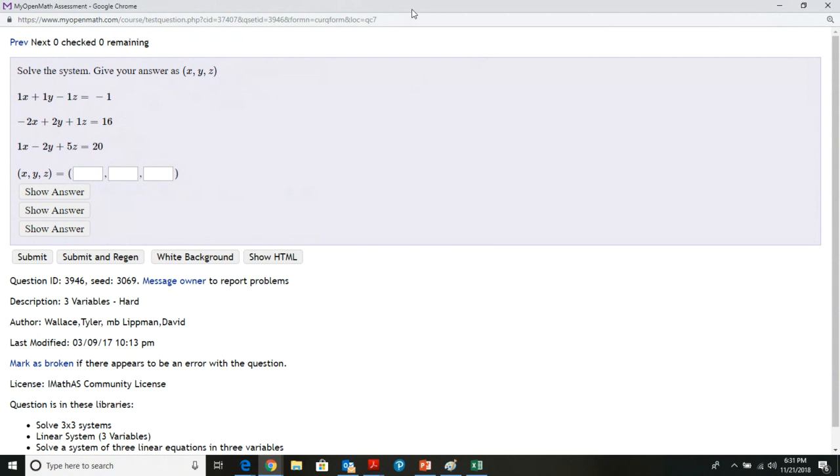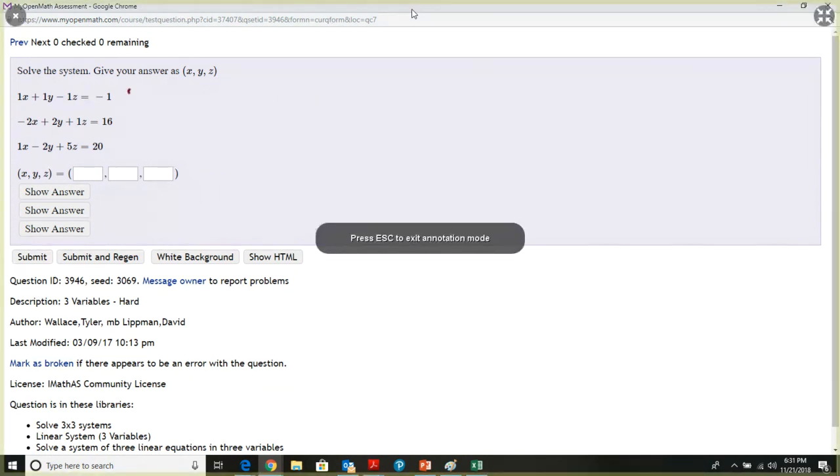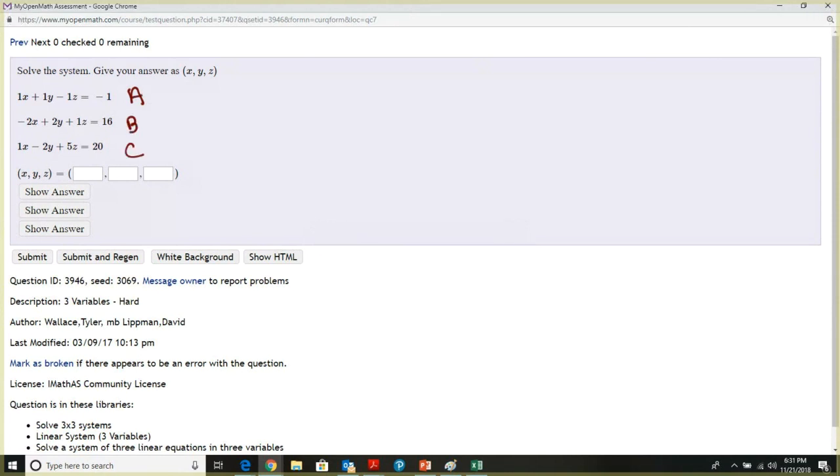So it looks like it might be easy to get rid of the y. So what I'm going to do is label them over here just so you can see what I'm doing. Notice if I were to add b and c together, this would actually eliminate one of the variables. Here's b.